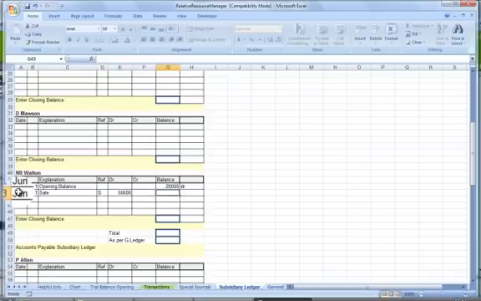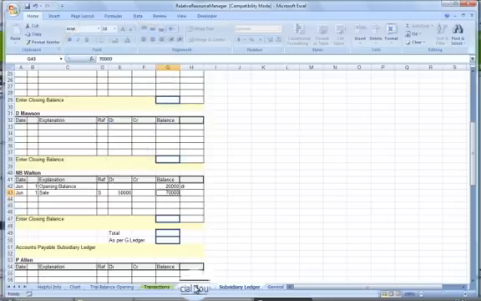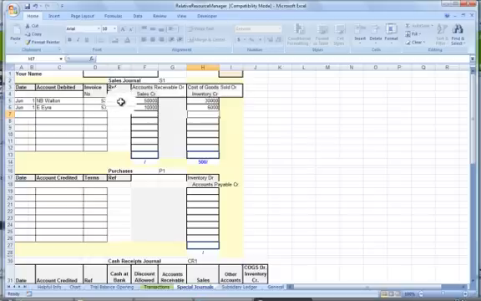Now the balance is an opening balance of 50,000 plus a debit. Opening balance of 20,000 plus a debit of 50,000. So our balance now is going to be $70,000.